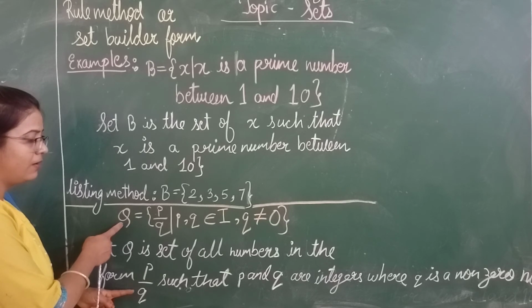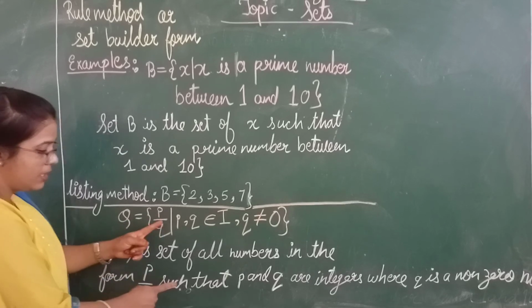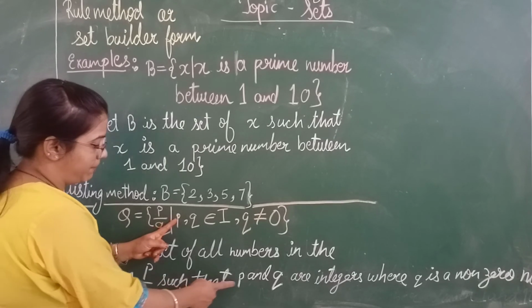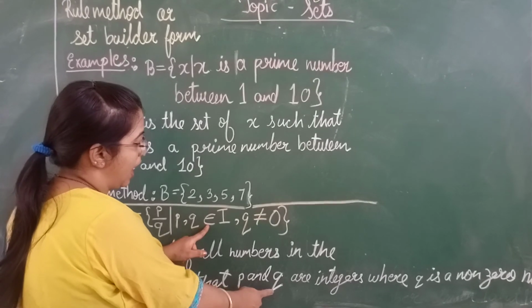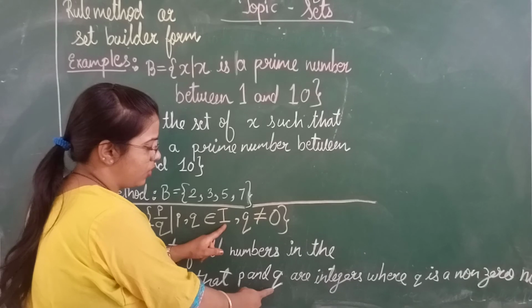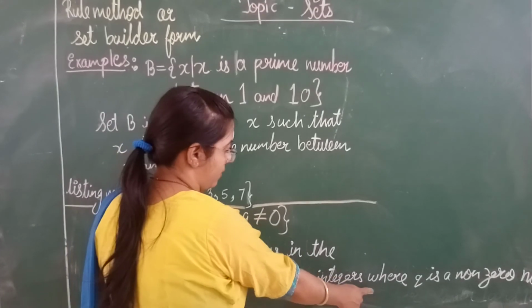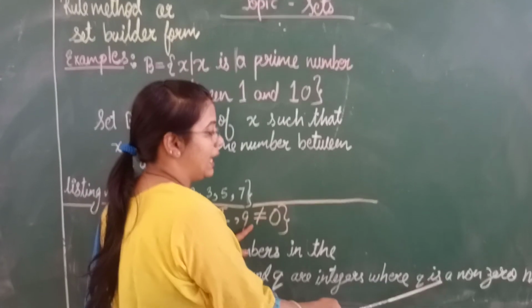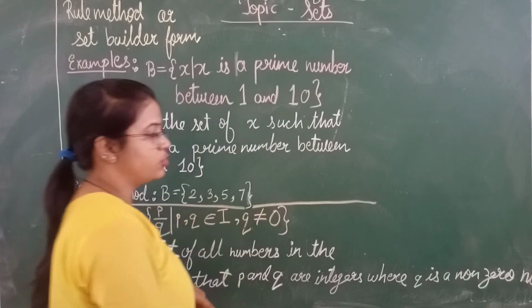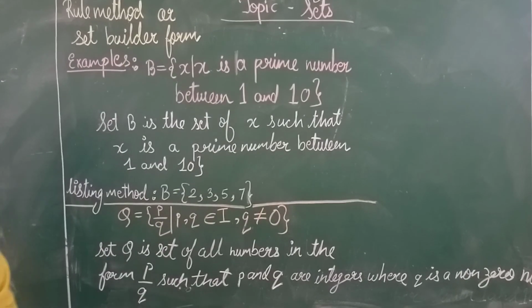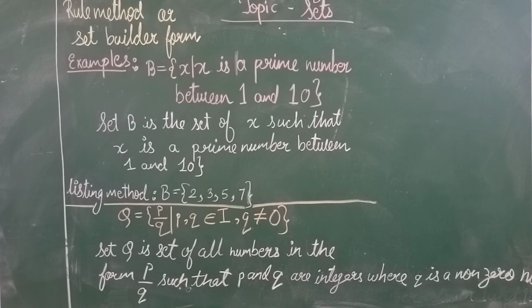Rational numbers are represented by p by q, that is p upon q, such that p and q are elements of integers, or we can say are integers, where q is non-zero, or q is not equal to 0.